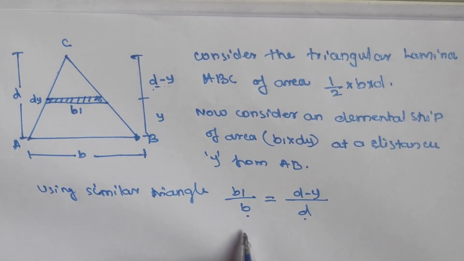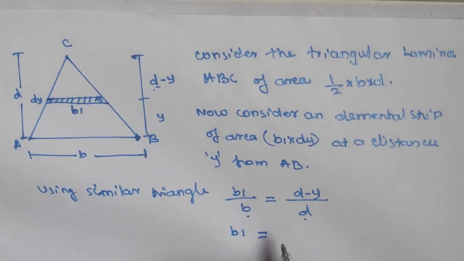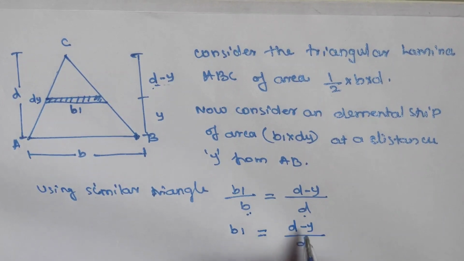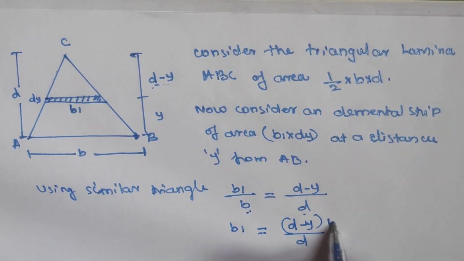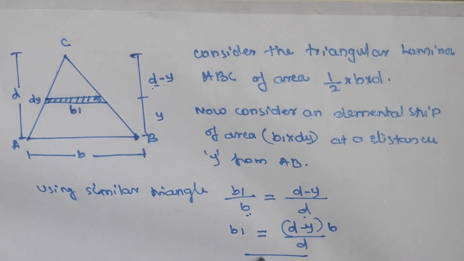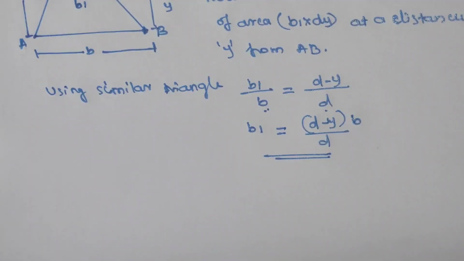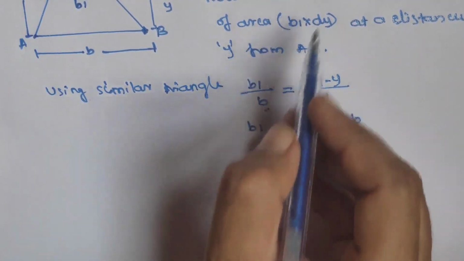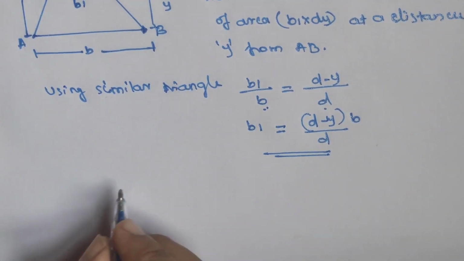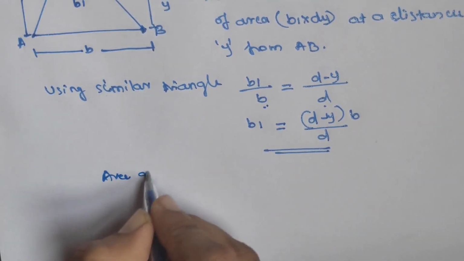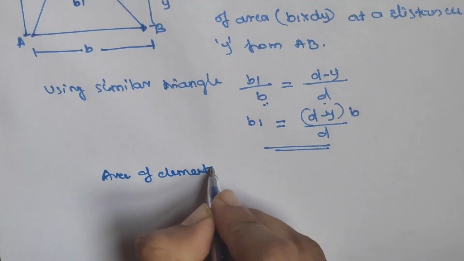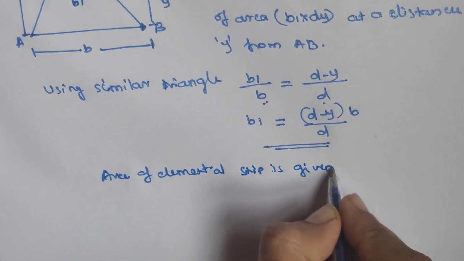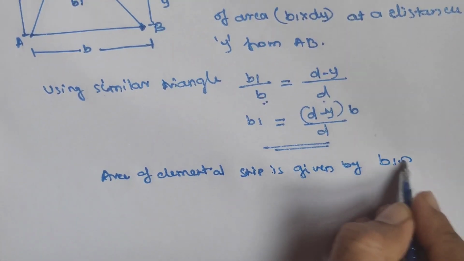Now we have to write in terms of B1. So B1 equal to D minus y by D into B. Now we got B1. Now area of the elemental strip, we already wrote, is B1 into dy. So let us write area of the elemental strip is given by B1 into dy.